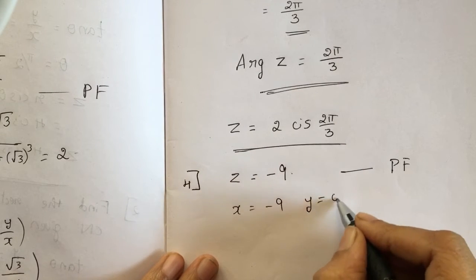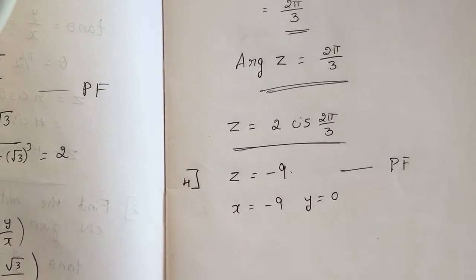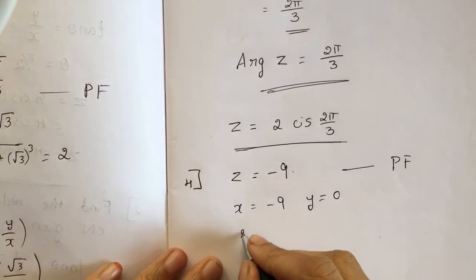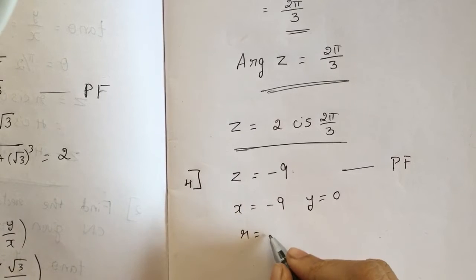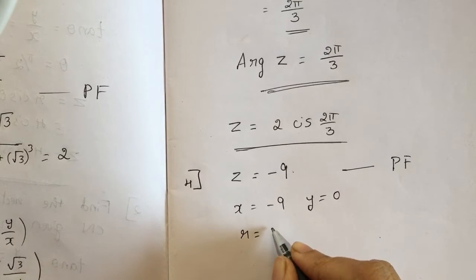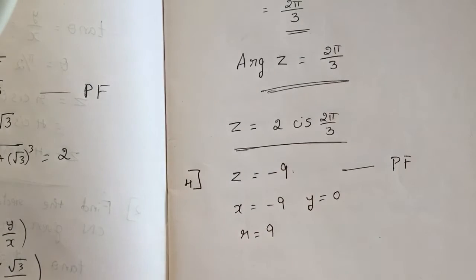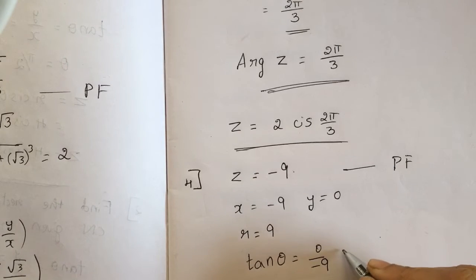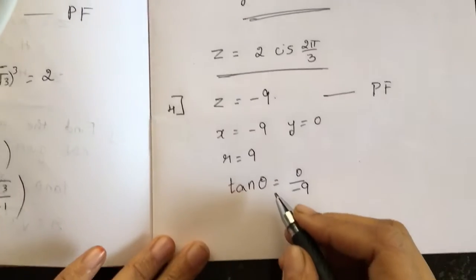So y is 0 now. What is r then? R is root of x square plus y square, so it's 9 only. Then tan theta equal to 0 by minus 9, it's nothing but 0 only, so theta is 0.